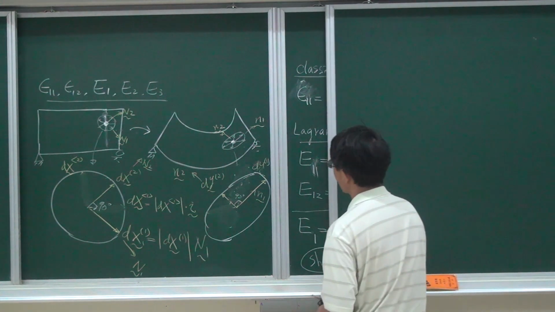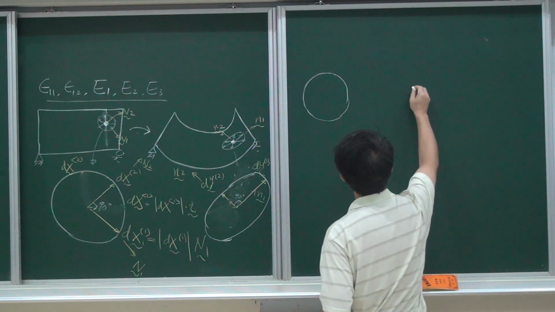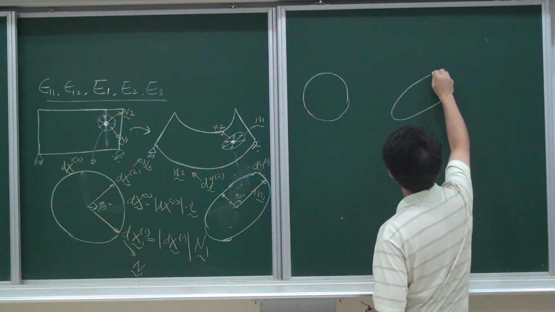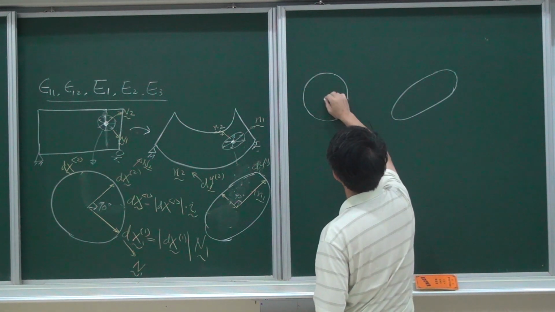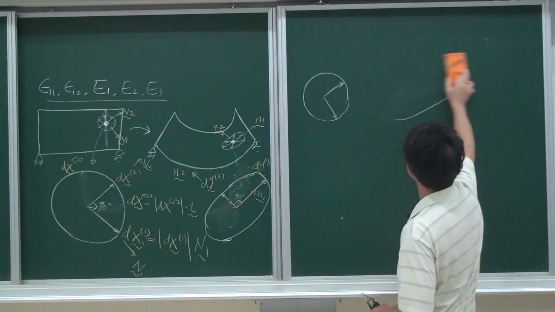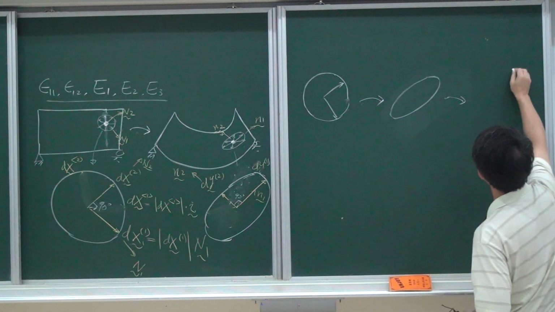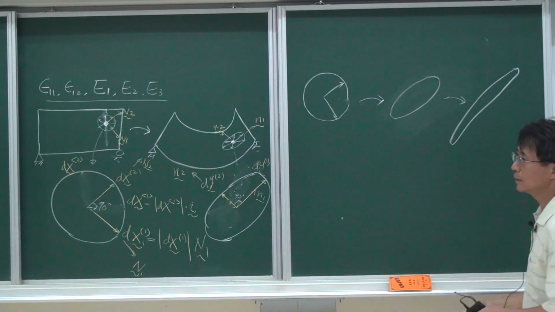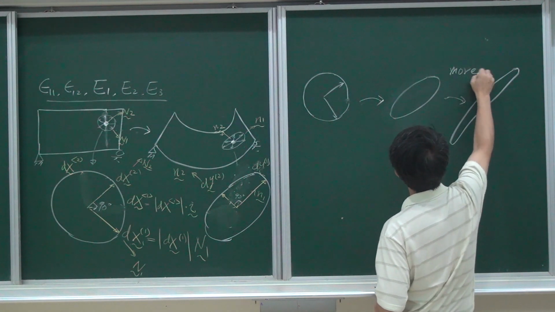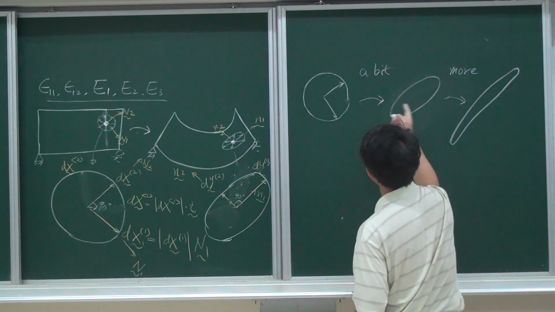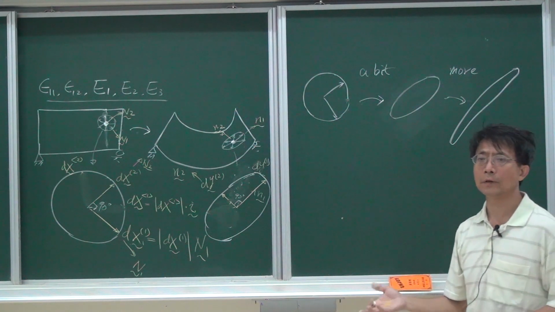Let me show you how to express the shear strain. See here. If you deform a little bit, and deform more, exaggerated, the shear will be different. They have different shear, right?